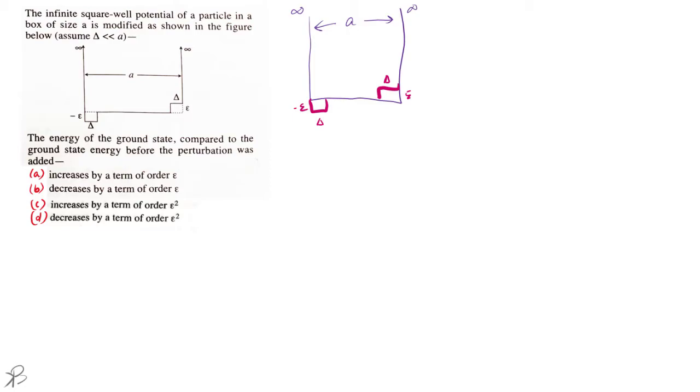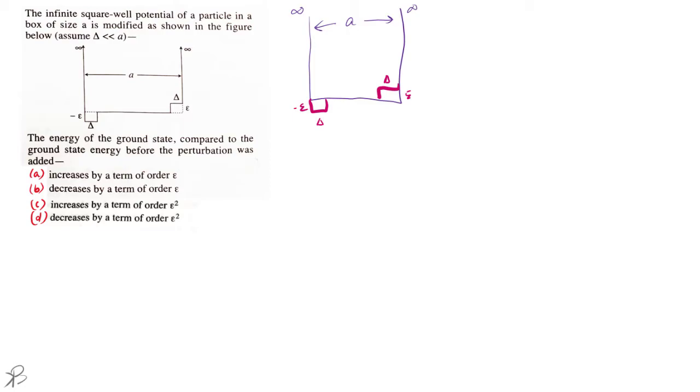So in this kind of problem, to save your time, you have to understand what is actually happening. If you try to solve the equation and find the energy, it will take a lot of time. So in this question, it is very easy to score.